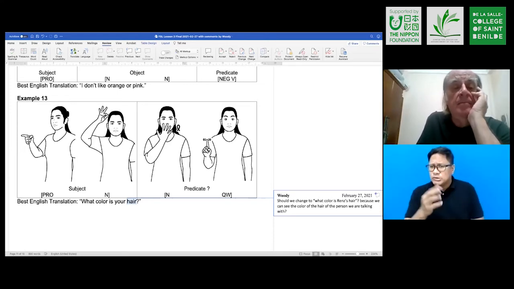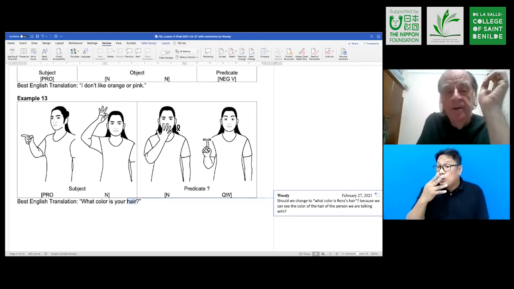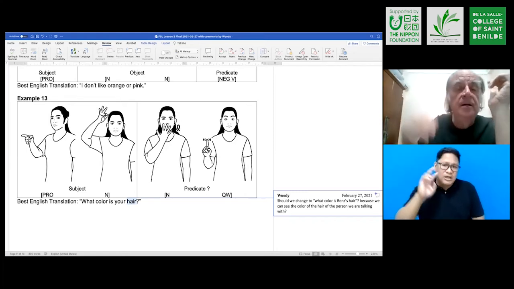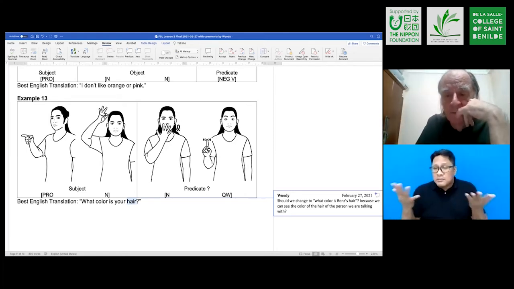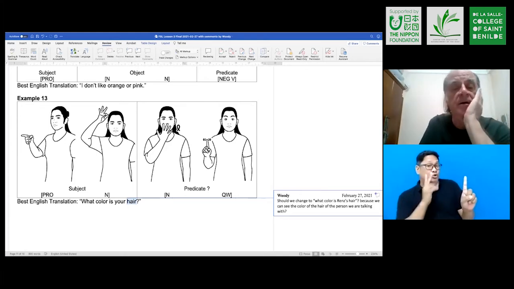But I think it may be better to ask, what color is someone else's hair? We can change you to he, his or her, or we could say Renz's hair maybe is more normal. Because if you're looking at the person you're talking with, you know what color their hair is.